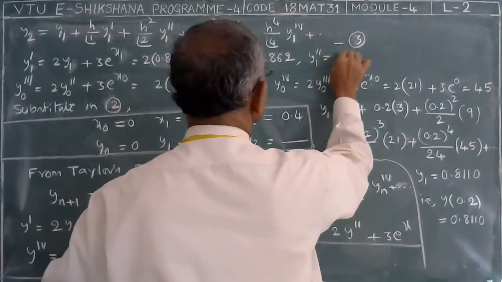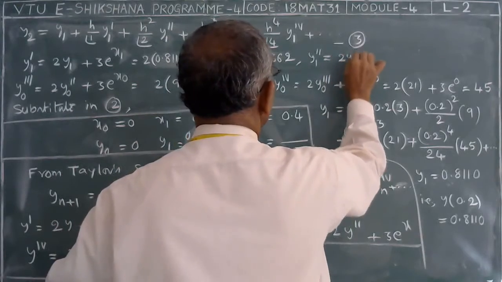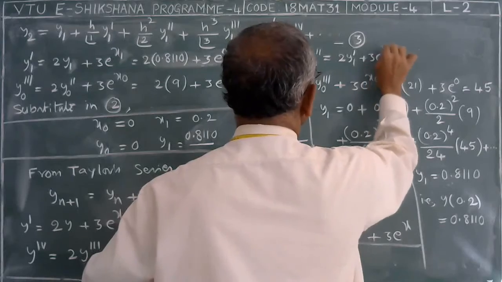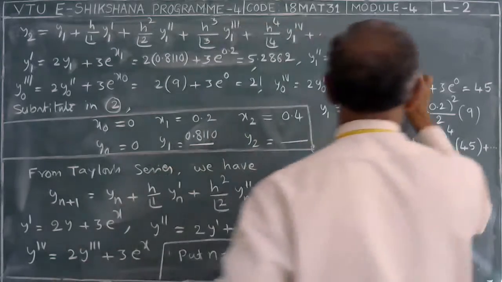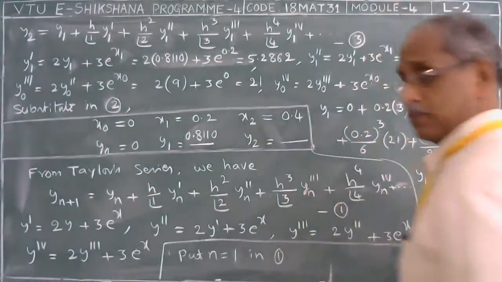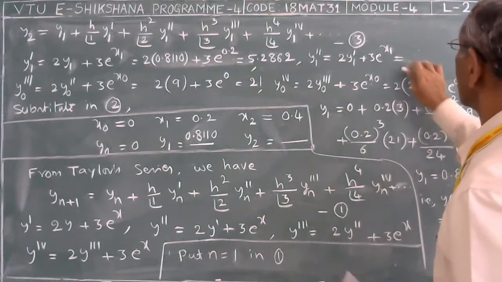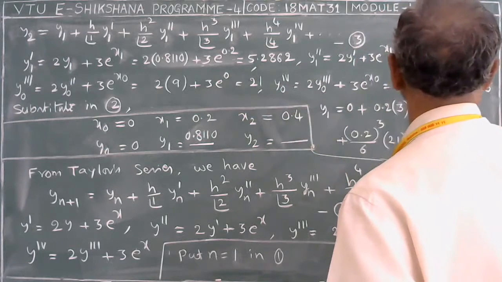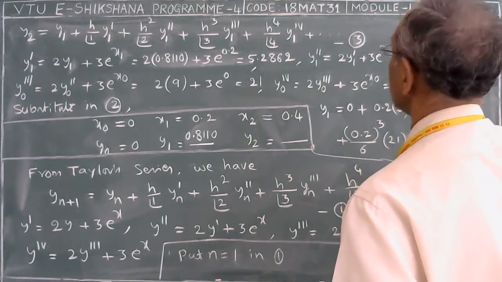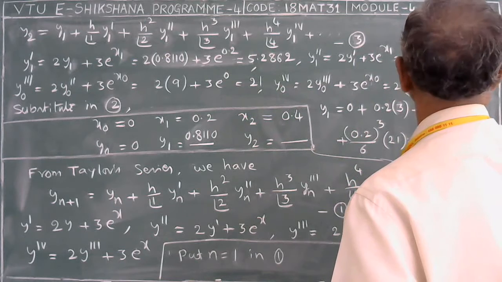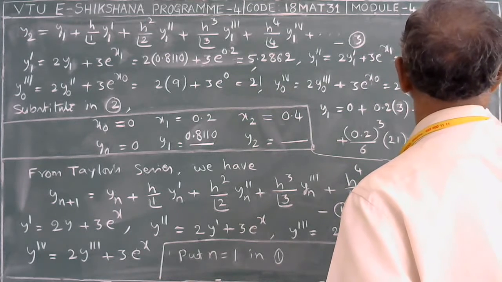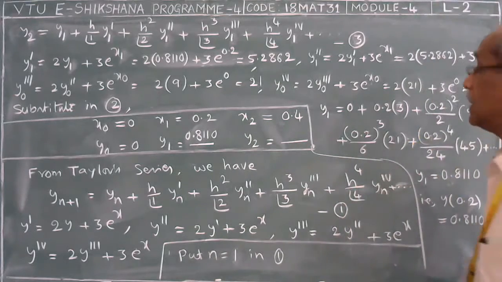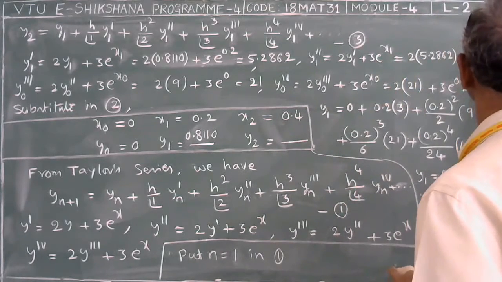2y1 dash plus 3 e power x1. Okay, now substitute here. So 2 into y1 dash, which is 5.2862, plus 3 into e power x1. x1 is 0.2.